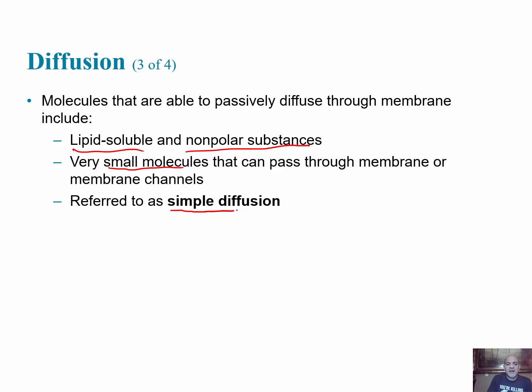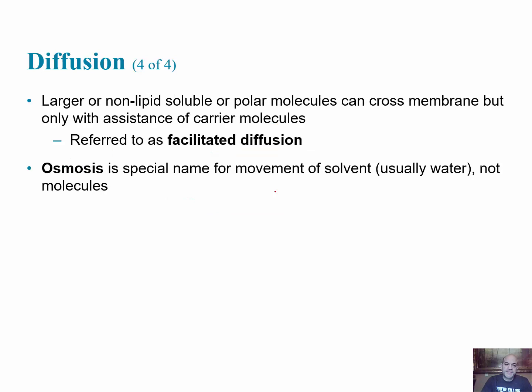This is referred to as simple diffusion, when the movement is right through the bilayer. Now, larger, non-lipid soluble, or polar molecules can cross the membrane, but only with the help of proteins or carrier molecules.